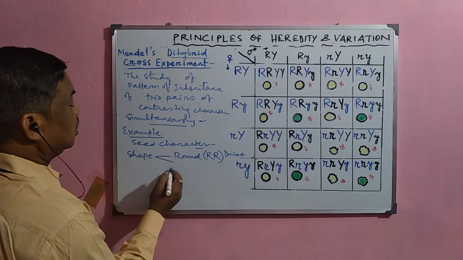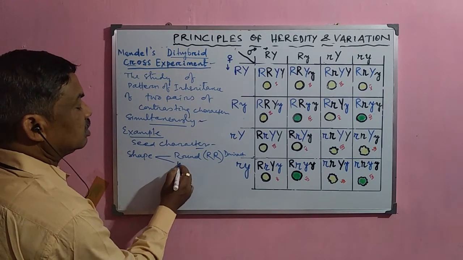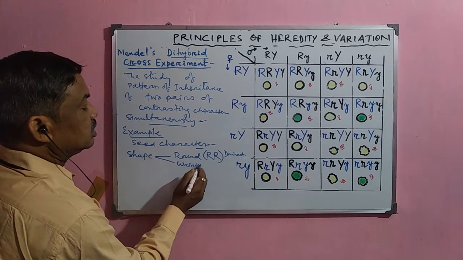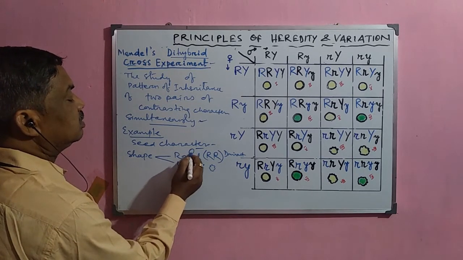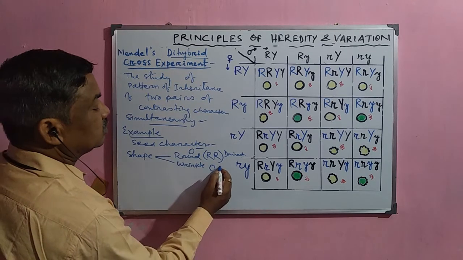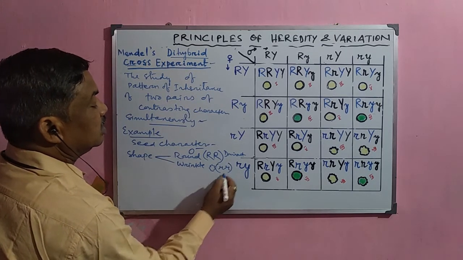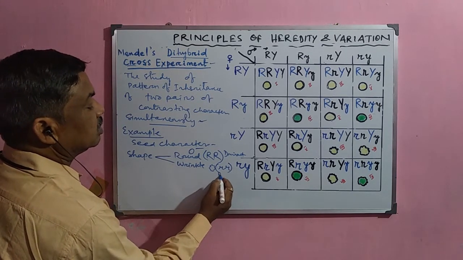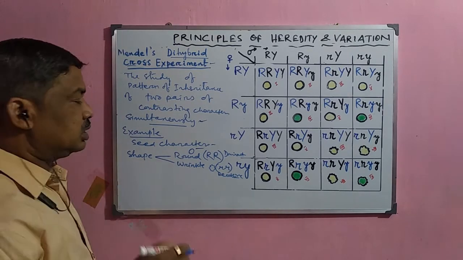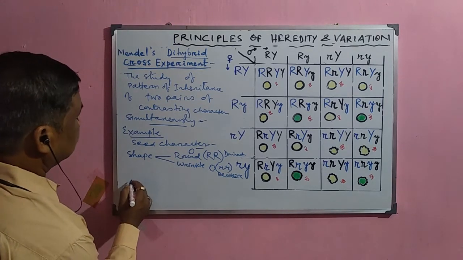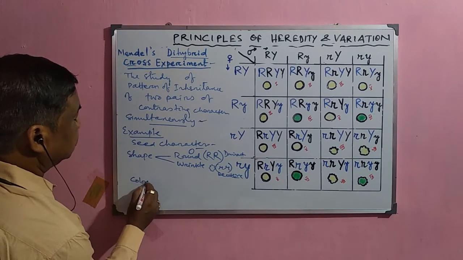The other shape is wrinkled, so it is small r, and this small r is the recessive character which was observed in the pea plant.